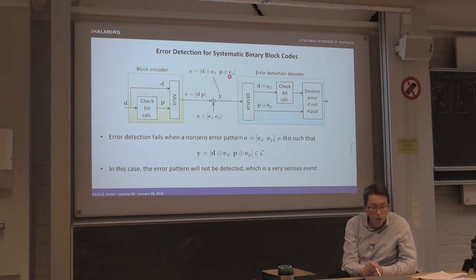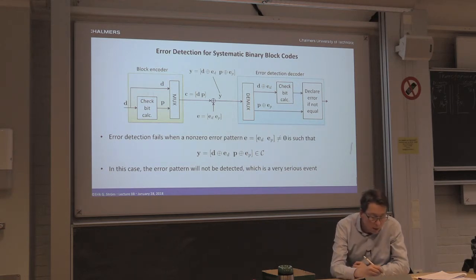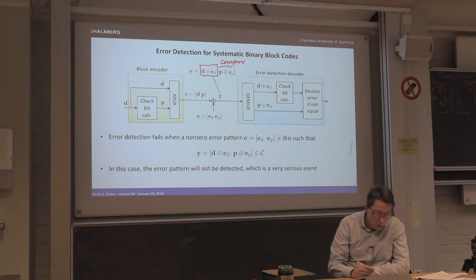So how are we going to check whether this is a valid code word or not? Well, there's a very simple idea: we take the first bits here and compute the check bits which correspond to them, and compare them with the last bits. If they are the same, then this is a code word. If they're not the same, it's not a code word. So we take Y and split it into 2 parts, one which belongs to the data bits and one which is the parity bits or check bits.